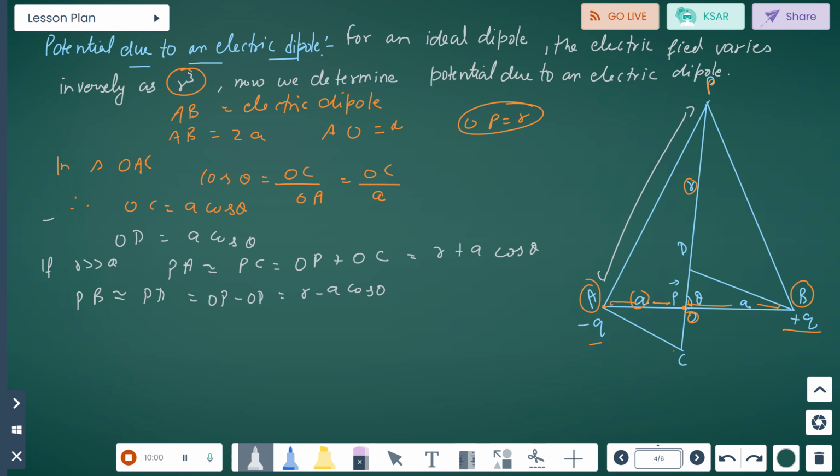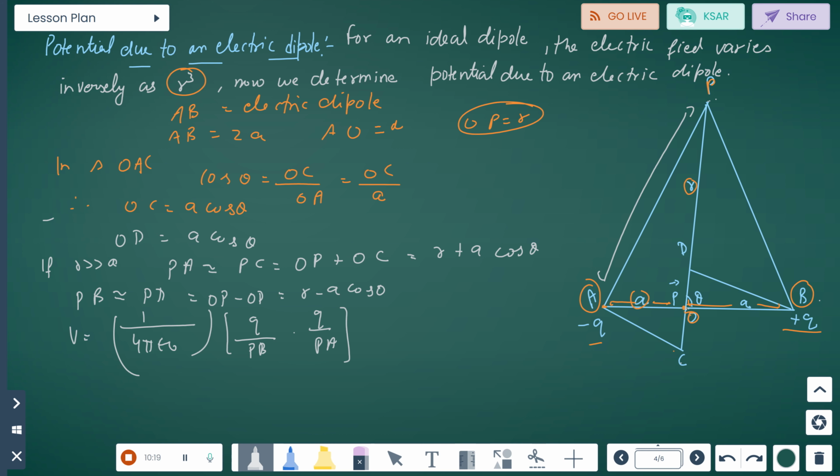So V is the potential due to electric dipole. So V equals 1 by 4 pi epsilon naught, then Q by PB minus Q by PA.